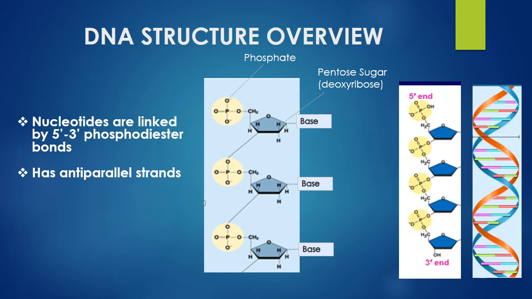So the inner part of this diagram at the far end will be the bases, which will pair to each other, while the outer part will be the sugar phosphate backbone, which will alternate. So you'll have phosphate, pentose sugar, like that, until you get to the 3' end, which marks the end of the sugar phosphate backbone.